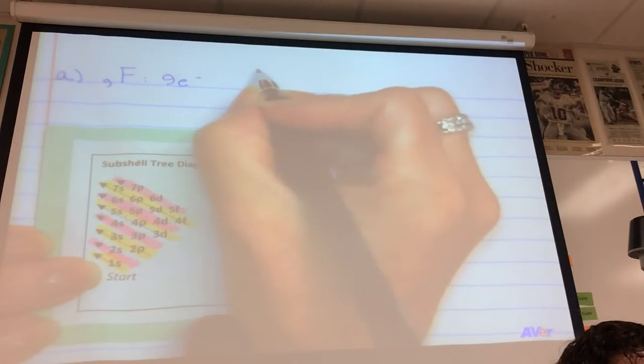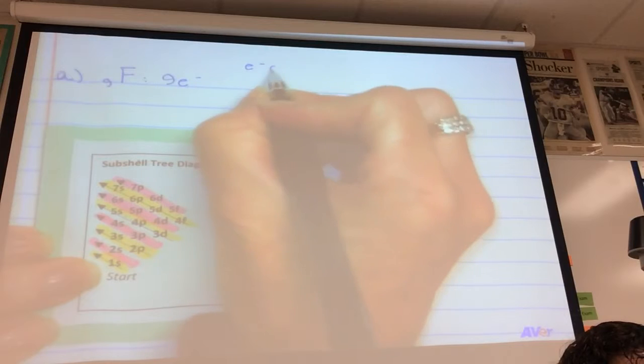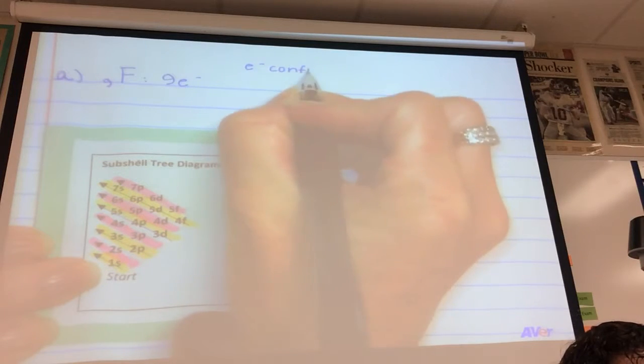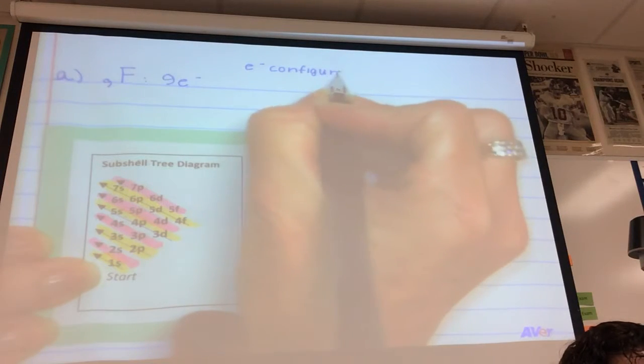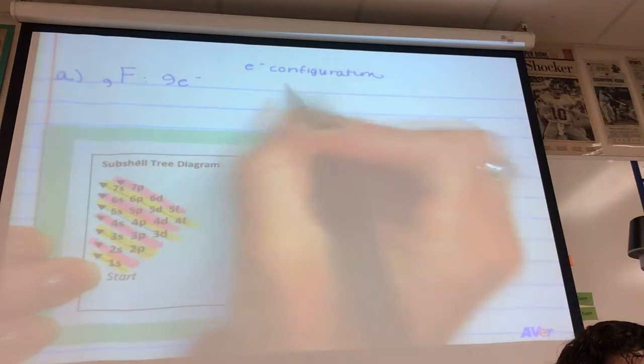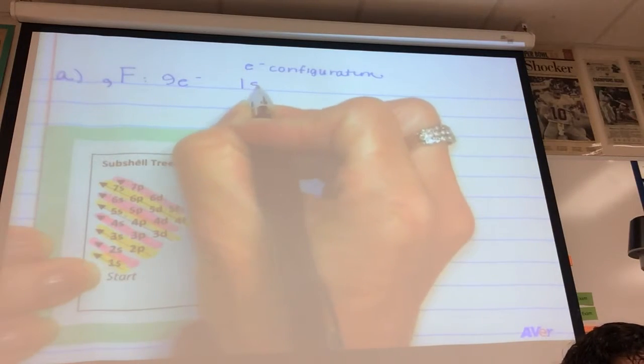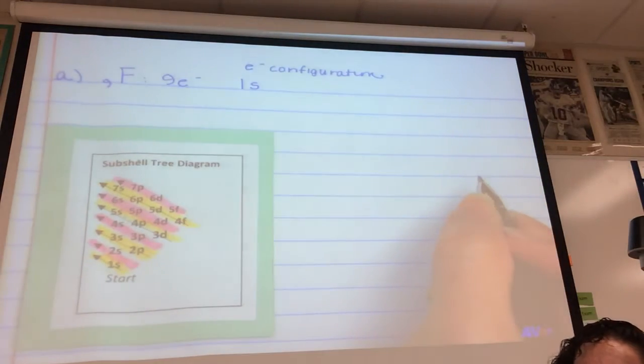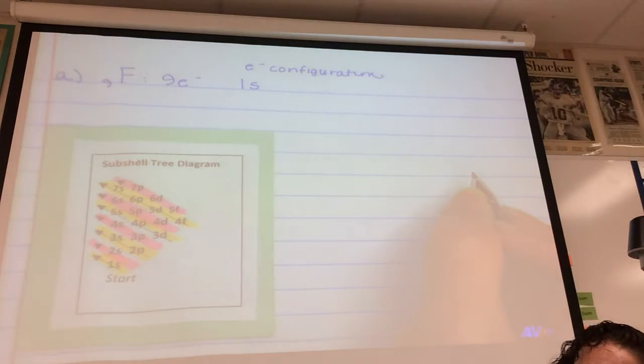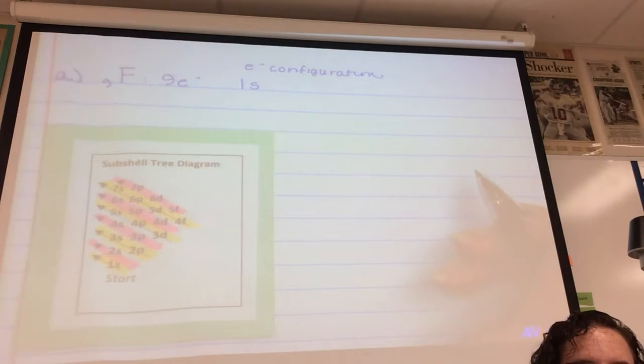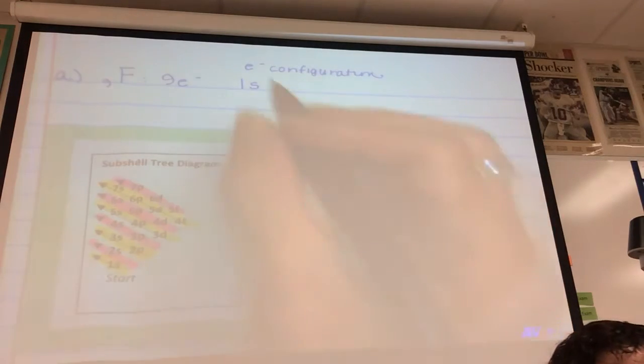So we're first going to write the electron configuration for fluorine. We have 1s. How many electrons can you fit in an s orbital, or in this case the subshell? 2.